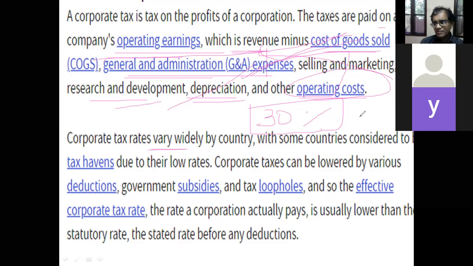But please remember, in every country the same tax rate is not there. Some countries are known as tax havens, where the income tax rate for companies is very low. Whereas in India, it is 30%, it is fixed. Okay, so that you have to remember.